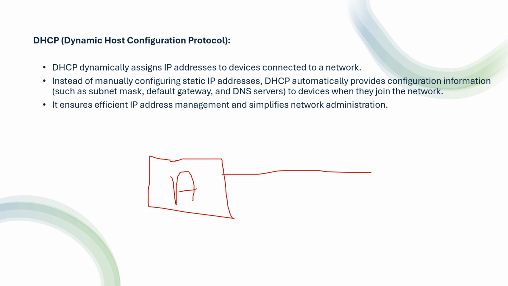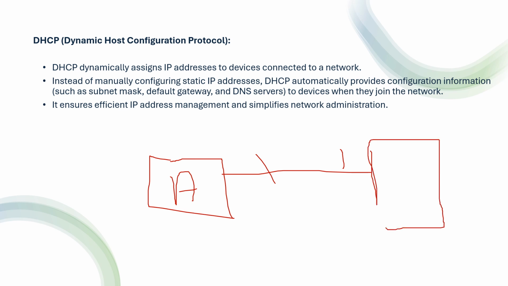Actually, it doesn't send only to the DHCP server. It sends a broadcast message to every connected device. It asks for its IP address from every connected device. Actually, here and at the other end there is a DHCP server.